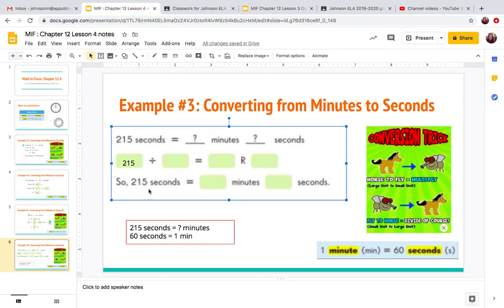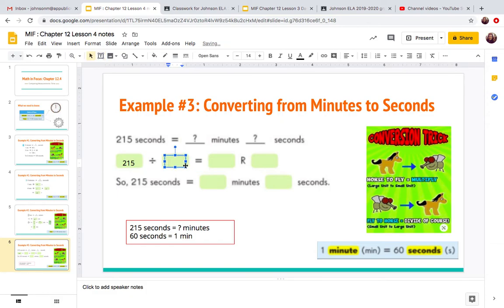So I know that 215 divided by, now I can't divide it by 1, but I know that we're going to be using seconds. I'm going to divide it by 60 because 215 divided by 1 isn't going to get me anywhere. I have to divide it by my conversion that I know, which is seconds to minutes. So I'm going to do 215 divided by 60.